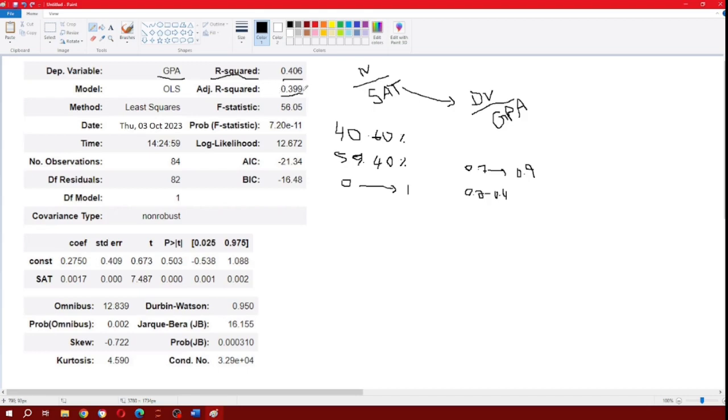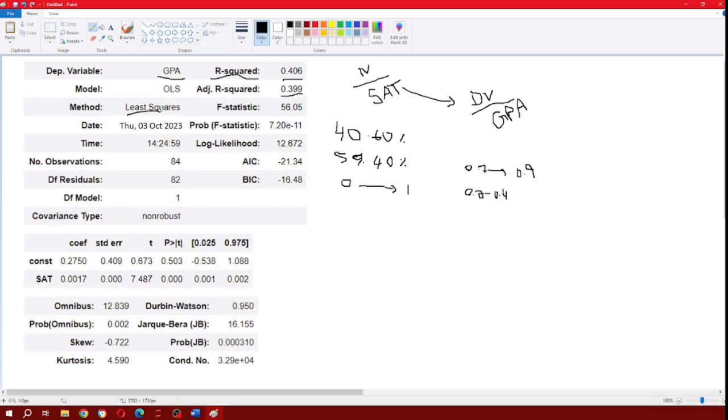The adjusted R square takes into account any difference that would be born out of introducing that extra variable into the analysis equation. So they both are important to know, but adjusted R square is more important to review when you have multiple independent variables.